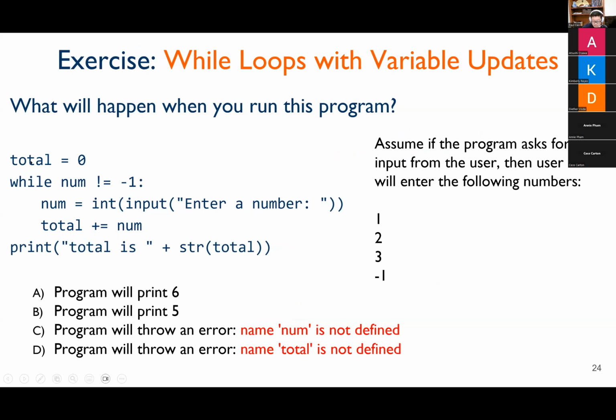I have this total equal to 0, and I'm adding it up, and assume that when the program asks for input from the user, the user enters 1, 2, 3, -1. Press enter. What will be printed out in here?